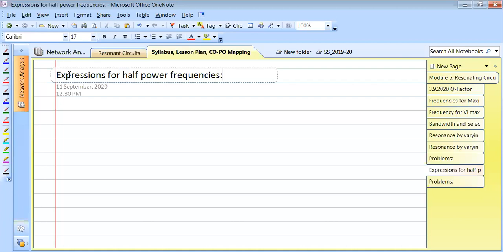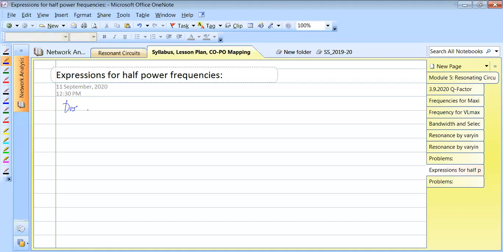Fine. Till now we have obtained the equations for so many parameters. Today we shall see what would be the expressions for half power frequencies. So how would the question go?